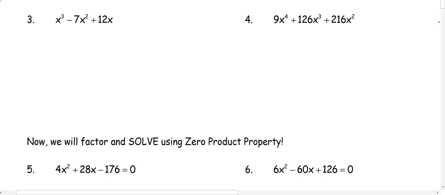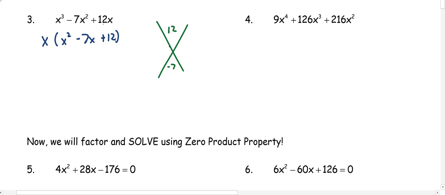Number 3, we have x cubed minus 7x squared plus 12x. Remember, we need x squared, not x cubed. All three terms have an x, so we can factor that out as the GCF. All of our exponents are going to decrease by 1, so we get x squared minus 7x plus 12. Now we need two numbers that multiply to 12 and add to negative 7.